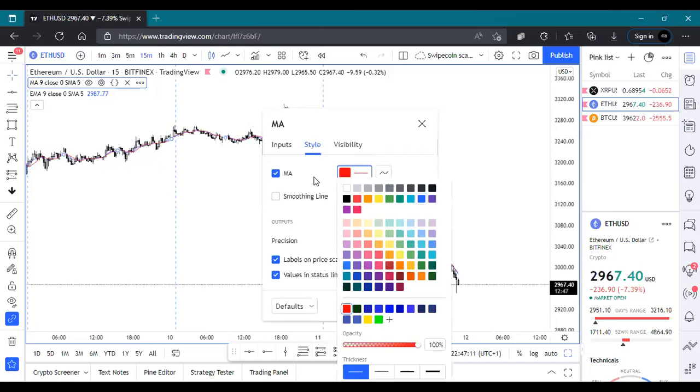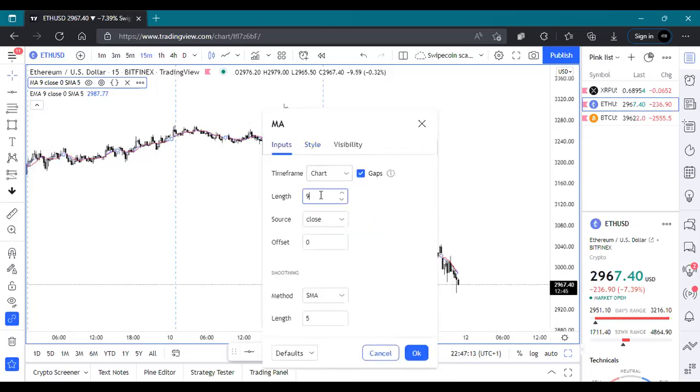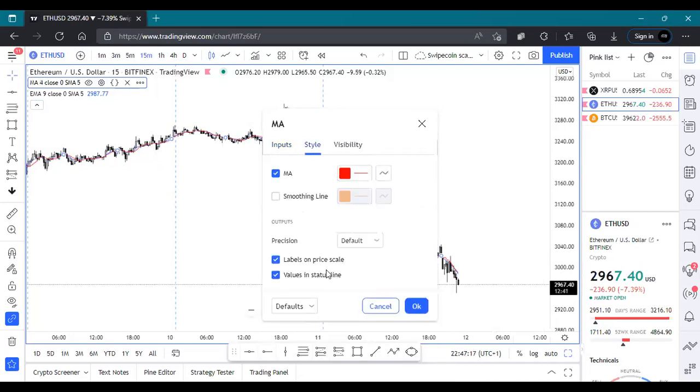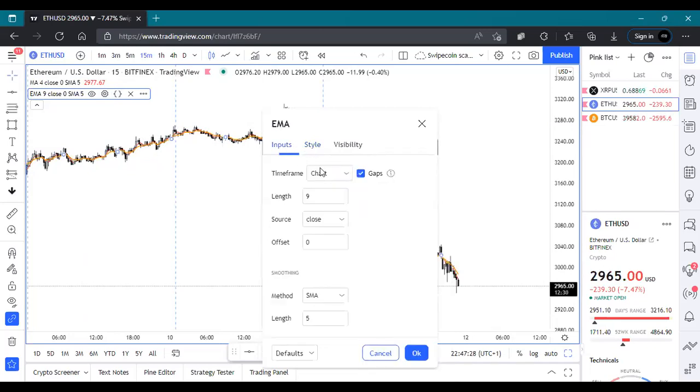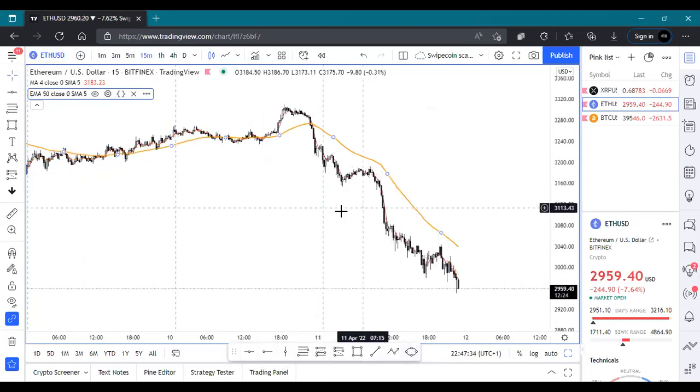Formerly, what I was using was the moving average, and the setting was actually 4. And for the EMA, the setting was actually 50, right? I'm just going to show you how I was able to use it back then, then I'm going to show you the difference.